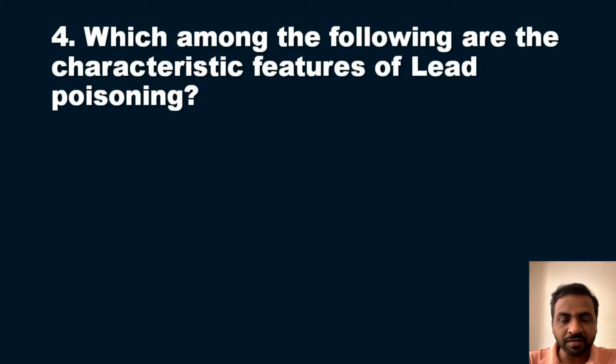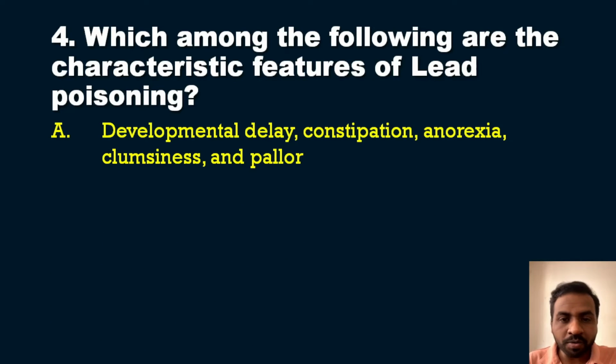Now we will move on to the next question in the series, that is the 4th question, which is: which among the following are the characteristic features of lead poisoning? The options for you are option A, developmental delay, constipation, anorexia, clumsiness, and pallor.